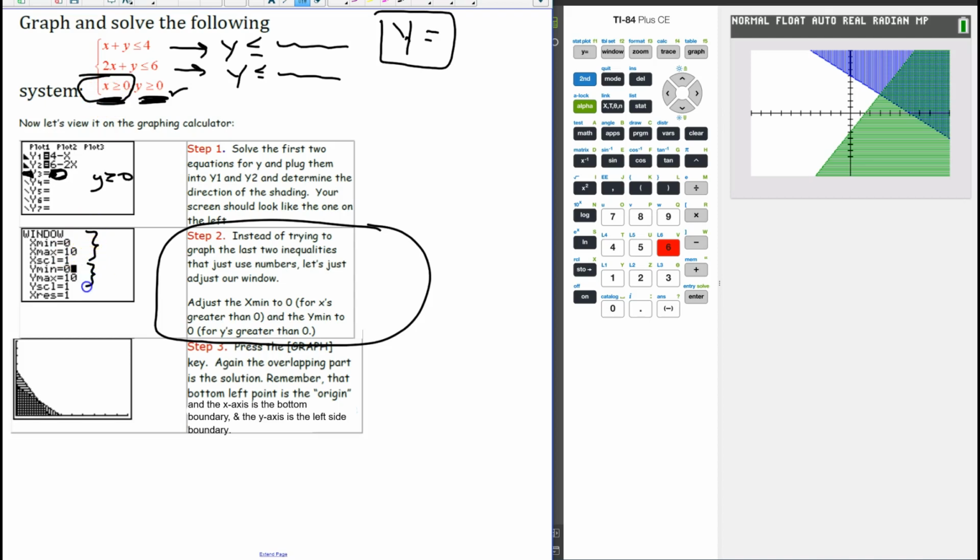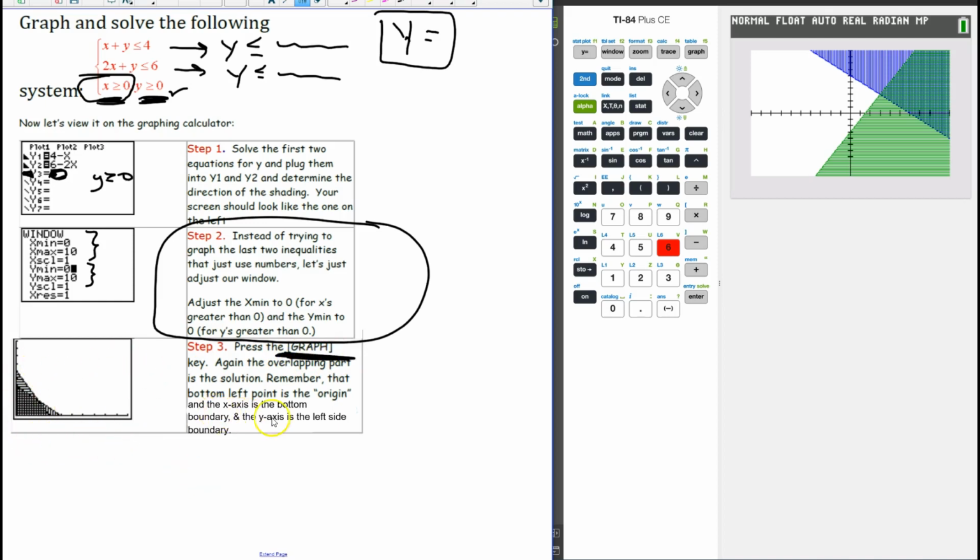The y's, also I go ahead and adjust. Even though I've got it up there, I'm also going to go ahead and adjust. It said y is greater than or equal to 0. So the same reasoning, I'm putting them 0 to 10. Now remember, whenever we do that, that's when we always hit the word graph. Okay, and it should look like this.